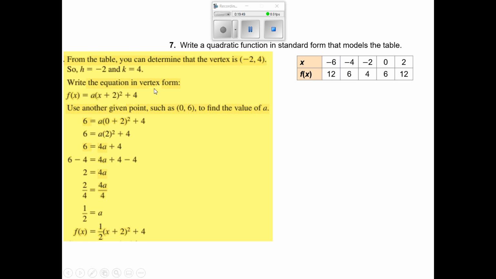Now, I'm going to put the opposite. This should have been, so everyone understands it, the form A times (x plus H) squared plus K. So -2 is going to be my H, and I'm sorry, that should have been negative.